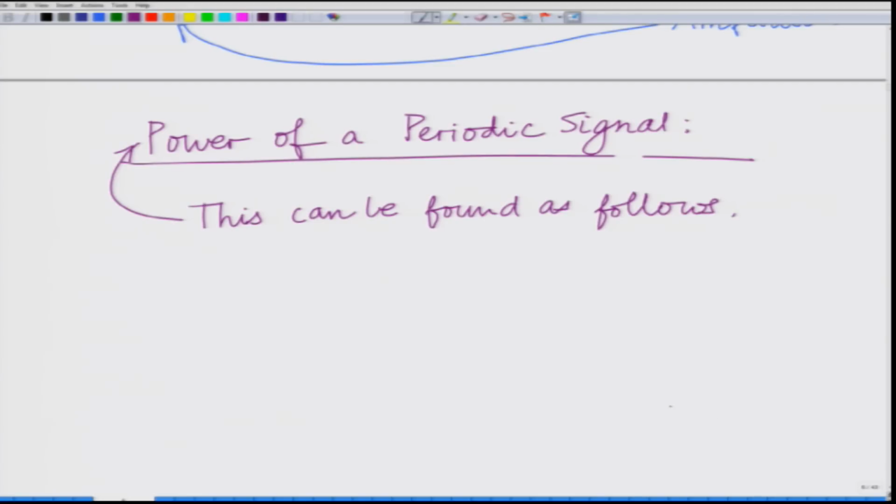This can be found as follows. Let T be the period of the periodic signal.